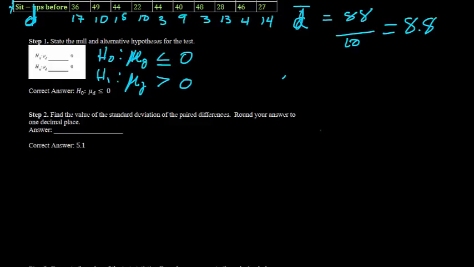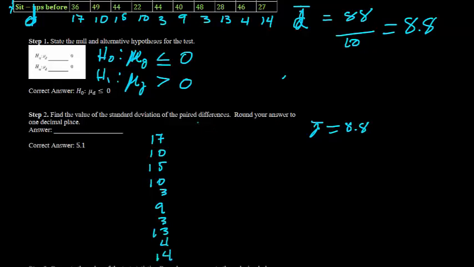Oh, okay. So now we've got to find standard deviation. This is going to be a bit of a pain, but we can do that. We know that D bar is equal to 8.8, and I have all my differences: 17, 10, 15, 10, 3, 9, 3, 13, 4, and 14.